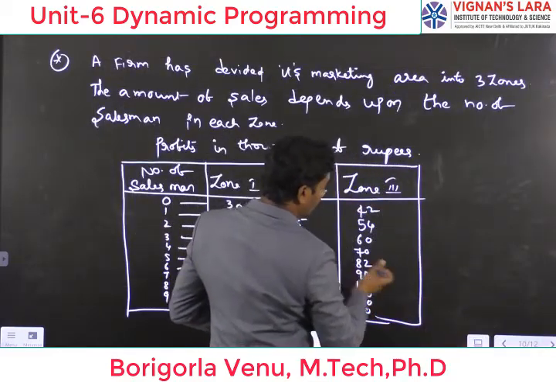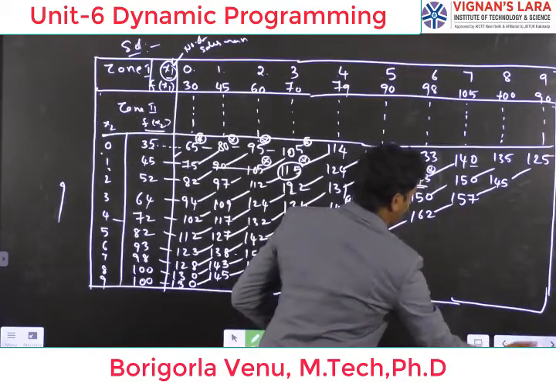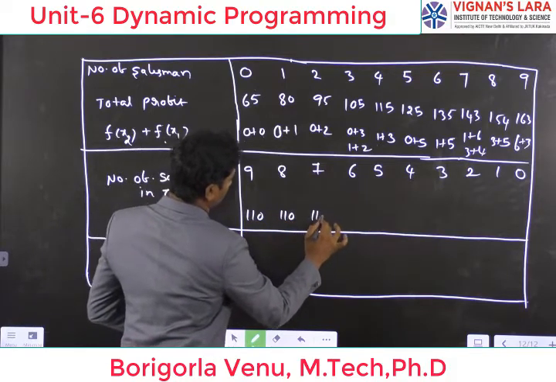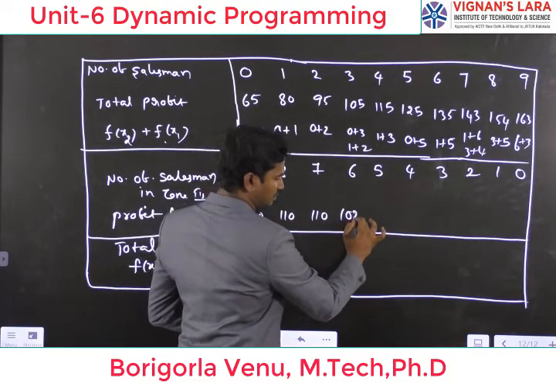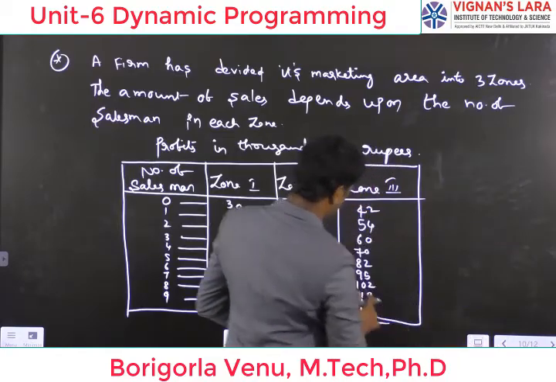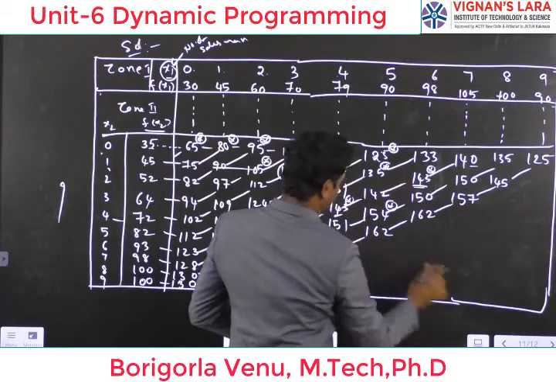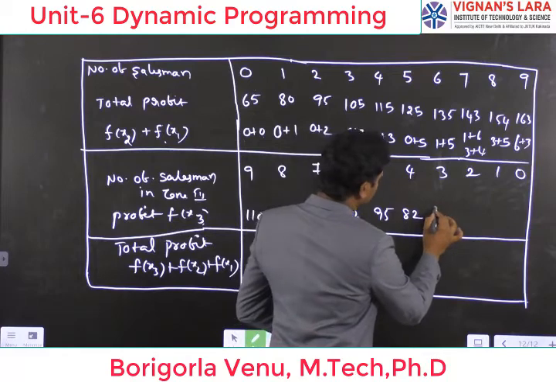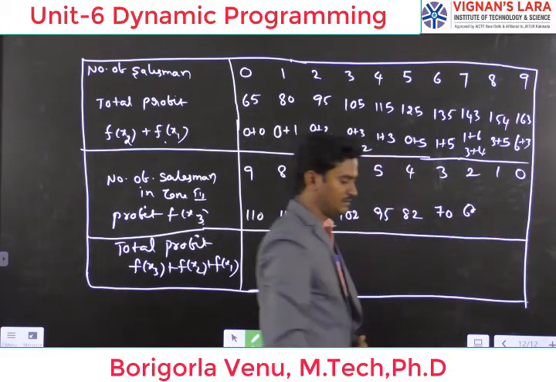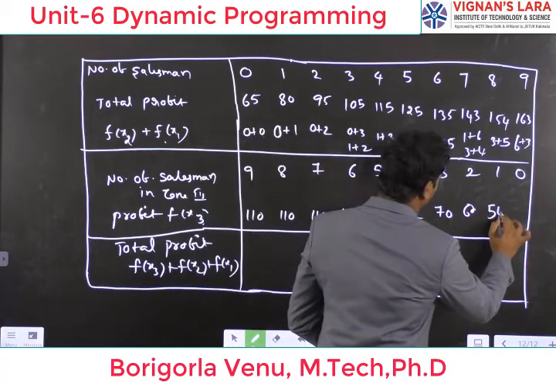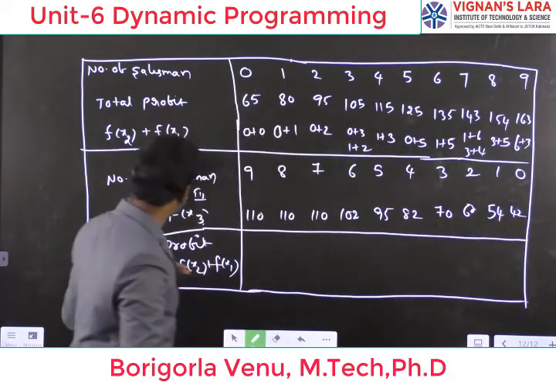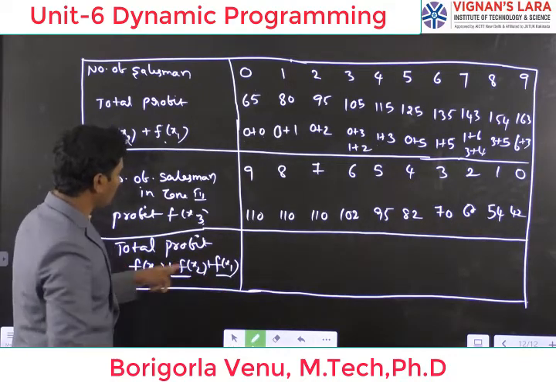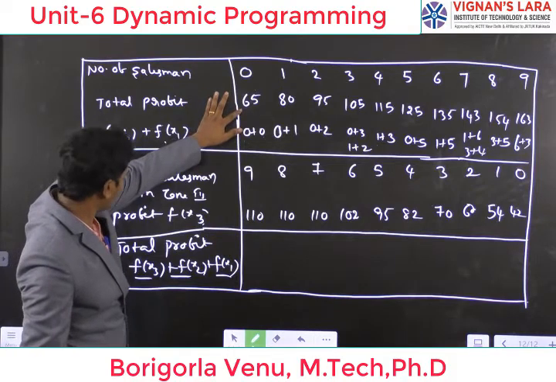The values are 110, 110, 110, 102, 95, 82, 70, 60, 54, 42. Now we take the total profit, f of x3 plus f of x2 plus x1.